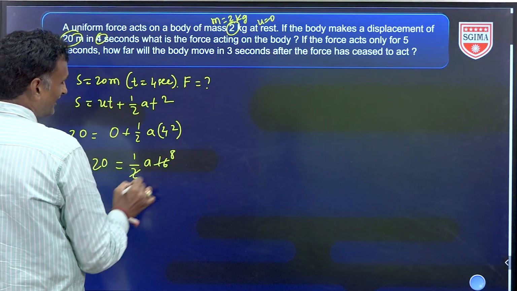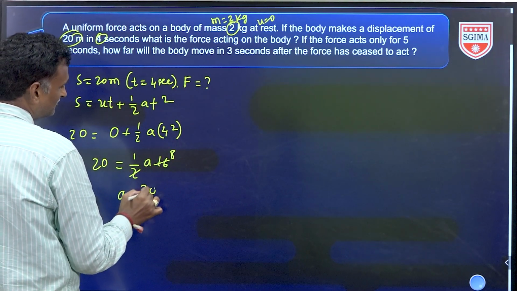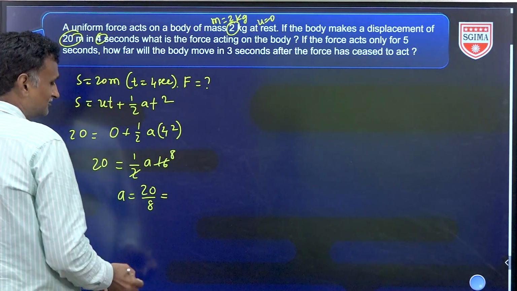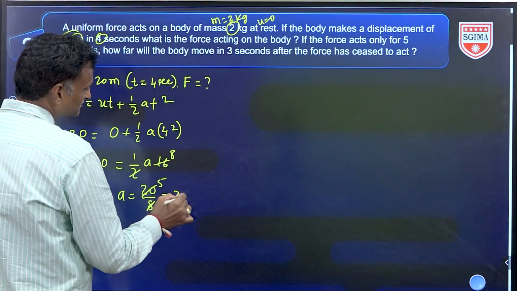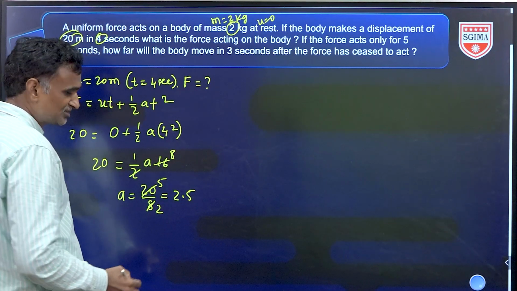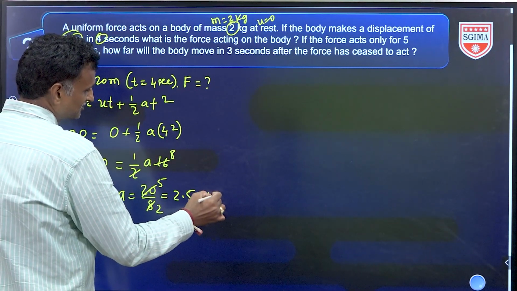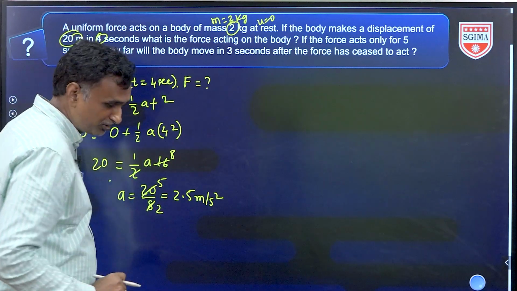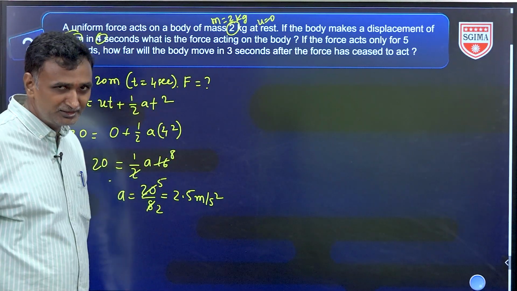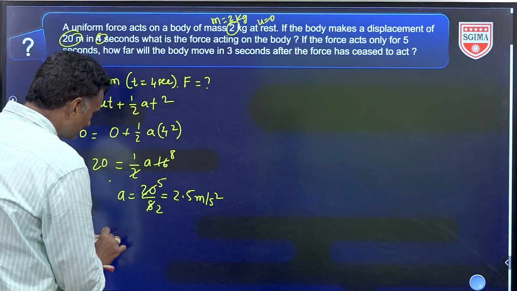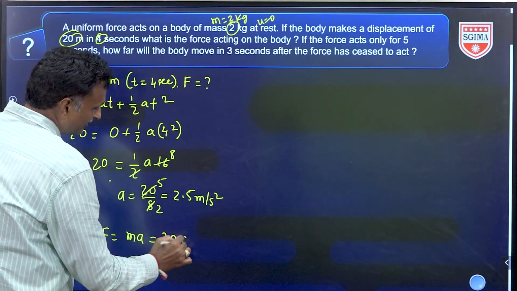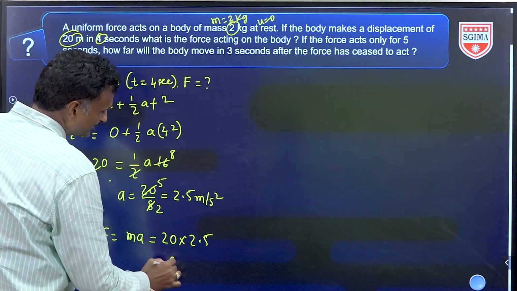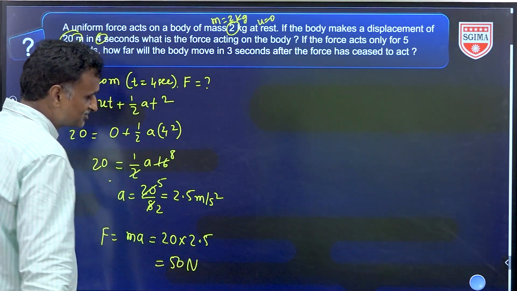This has to be 8, acceleration equal to 20 by 8. So 4 5s are 20, 4 2s are 8, 2.5 meter per second square. So this is the acceleration we got, and force required na. So simply force equal to mass into acceleration, 20 into 2.5, which is 50 newtons.